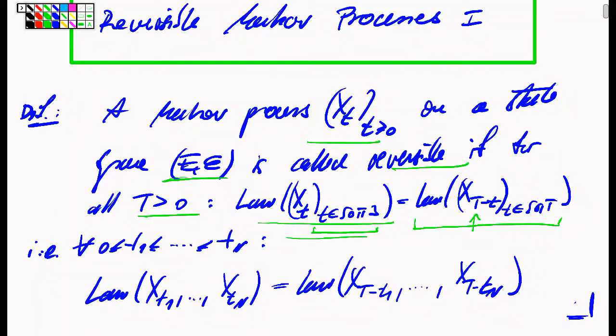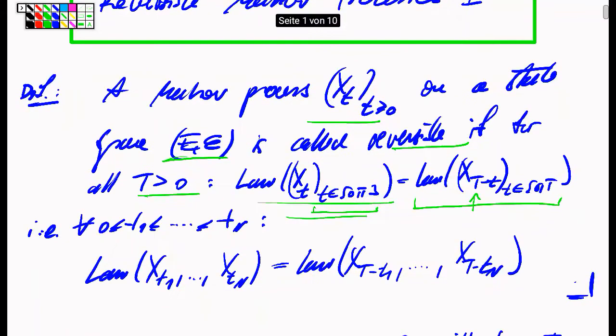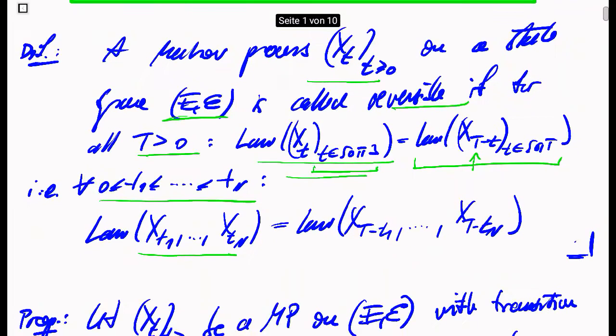If this process has the same law as the initial process, which is just a forward process, then we call the process reversible. And if you write down what that means in finite dimensional distributions, it means that if you fix a collection of ordered time points t_1 to t_n, and you consider the finite dimensional distribution of these trajectories when evaluated at these time points, then this distribution is the same as if you evaluate the process at the time points which are obtained by running backwards in time and doing this inflection with respect to the time points.